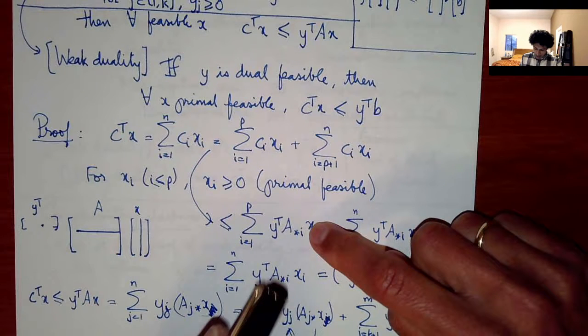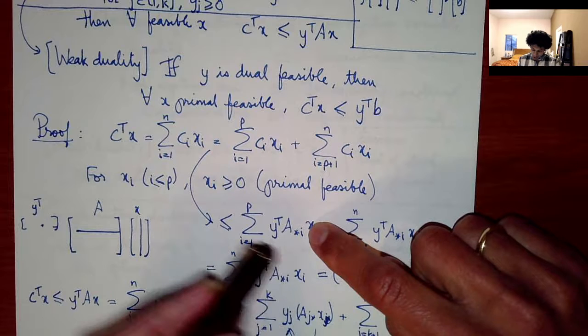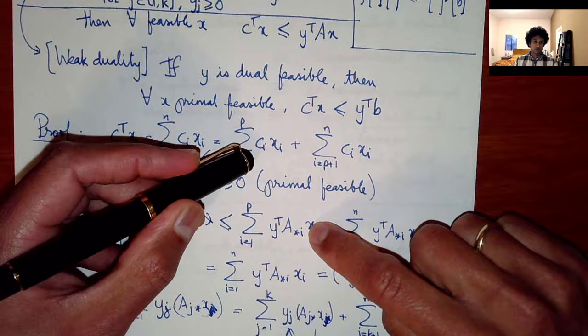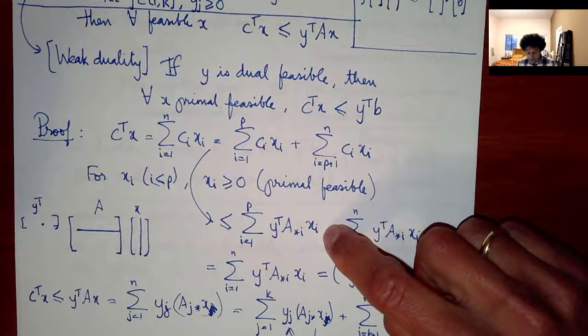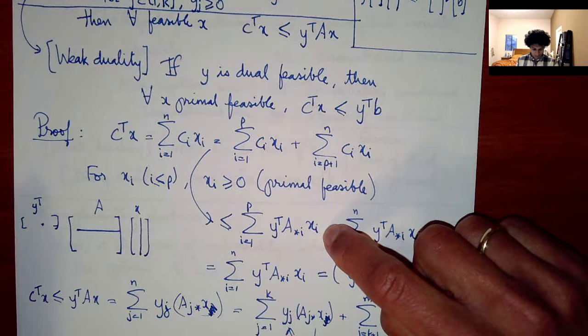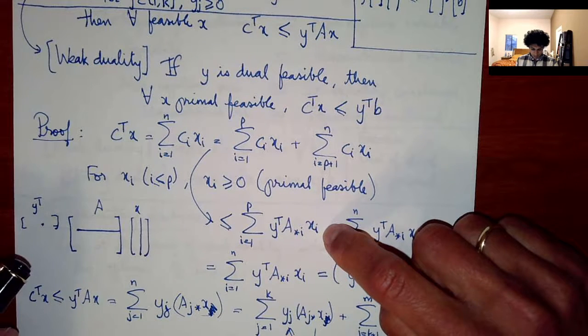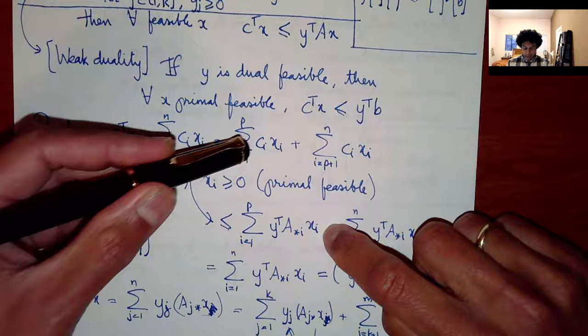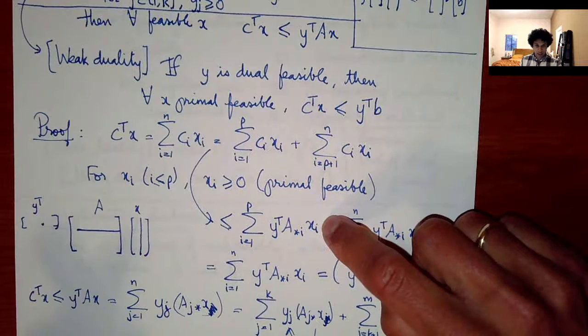If y transpose A star i was strictly greater than ci, then you would have a strict inequality unless xi was 0. So if y transpose A star i was strictly greater than ci, then xi must be 0.